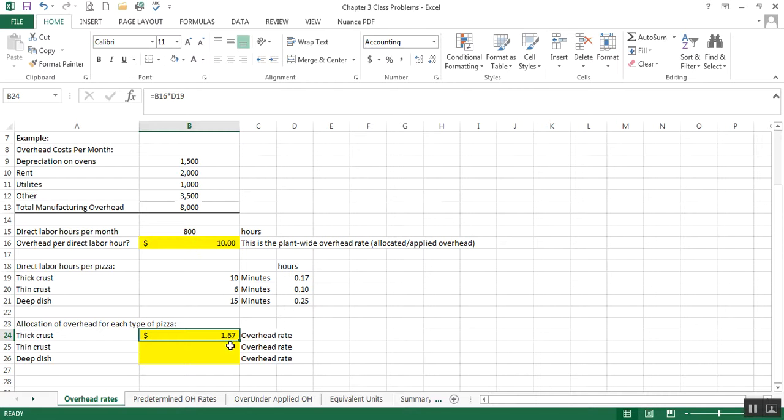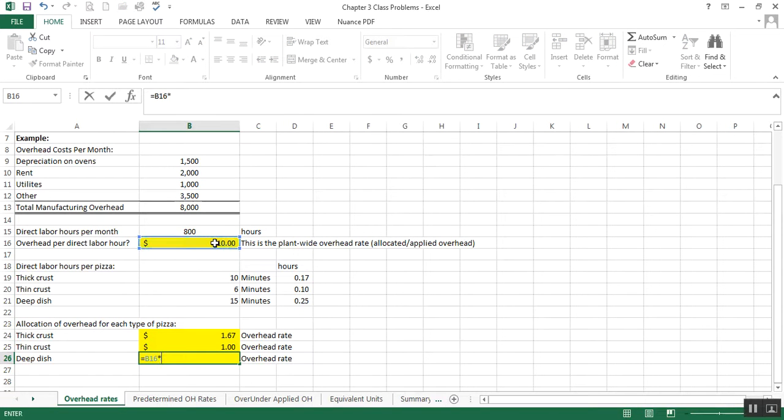So it's going to be $1.67 for every pizza that they make. $10 times 0.10 hours is going to be $1 for every pizza they make. And deep dish is $10 times 0.25 hours, or $2.50 for each pizza that they make. Once we know the number of pizzas, we can use that allocation rate of overhead to calculate the total overhead cost for each type of pizza.